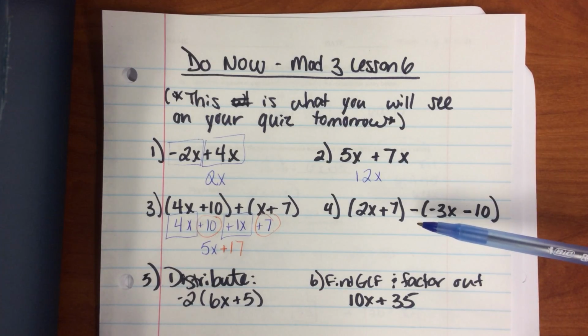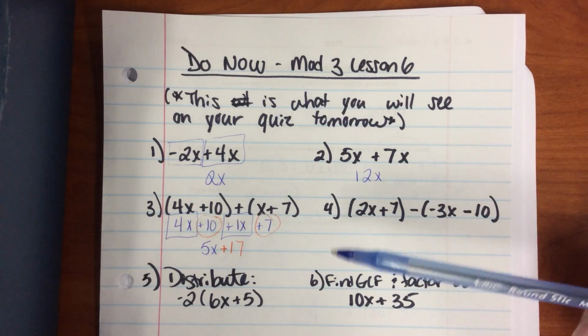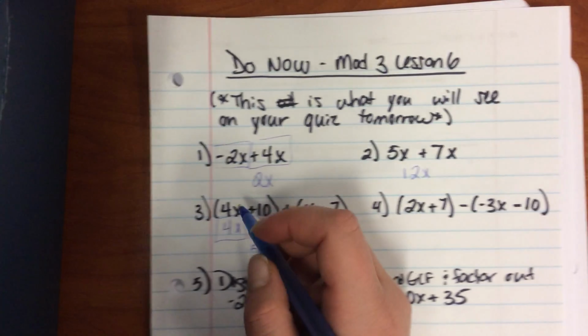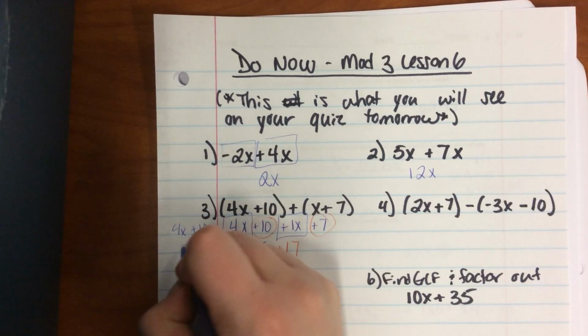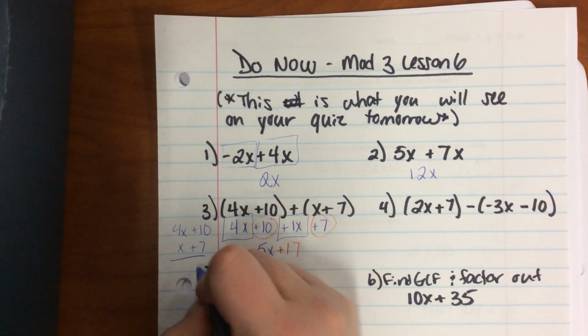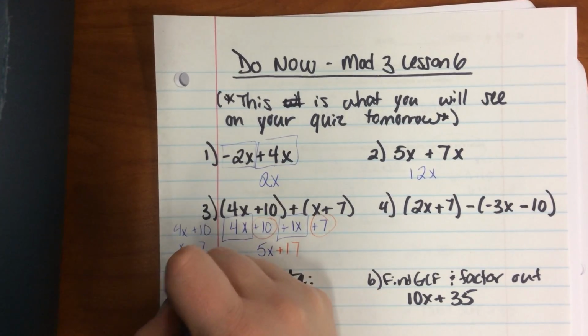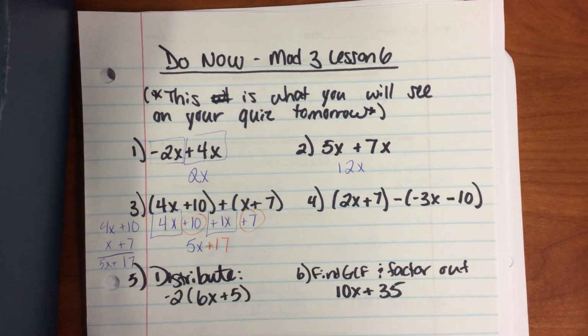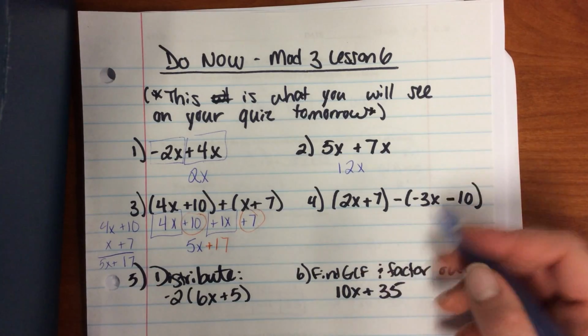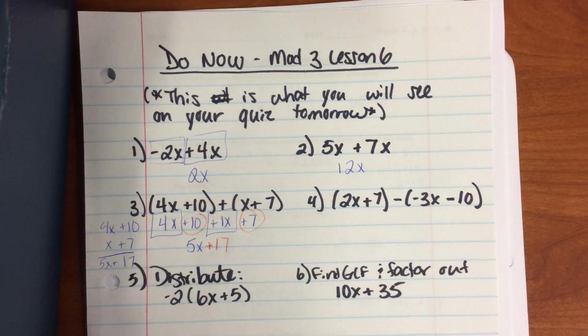So we have to do an extra step before we can box and circle or stack them. If you like stacking them, that is fine. Just a reminder, it would be 4x plus 10 and x plus 7. And in the end, you still get the same thing here. Okay, so whichever process you like better, I generally box and circle, but if stacking helps, do that stacking. Okay, so here we want to keep change first.